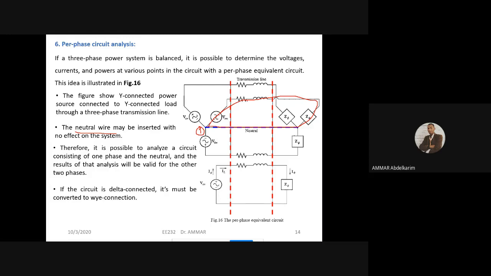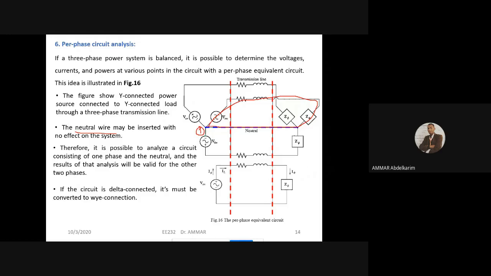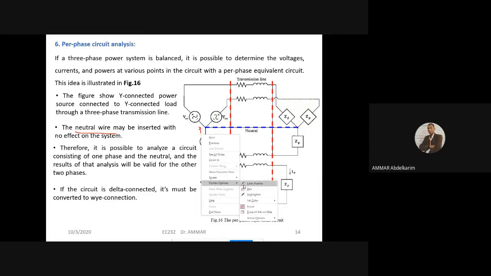So the equivalent circuit of this one is the first phase. Let's change the color to see the second phase. For example, we start from B. This is B, in the positive direction.